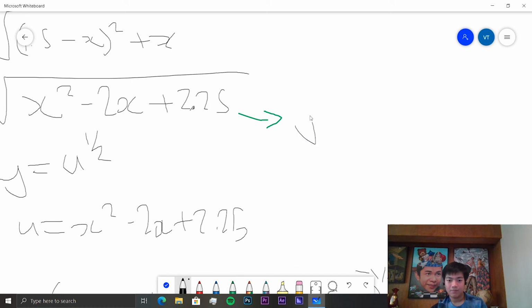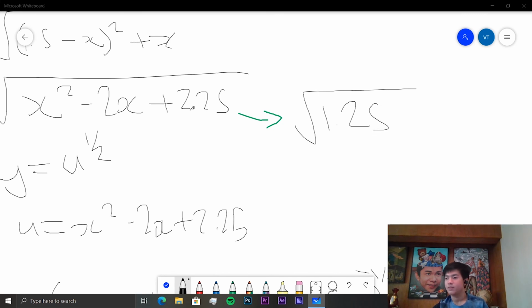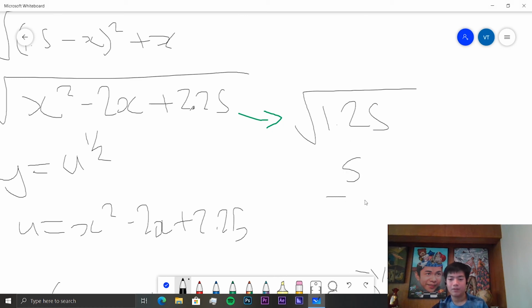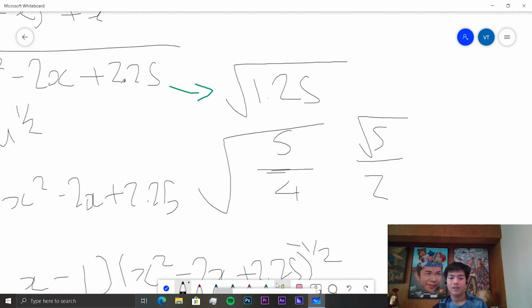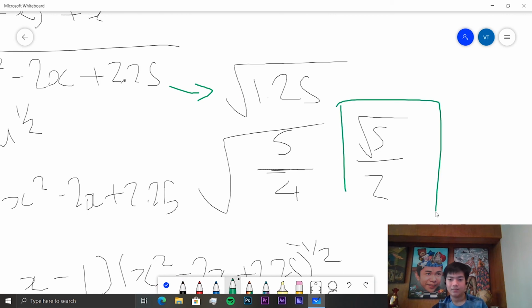Right? So we have 1 minus 2, negative 1 plus 2.25. We have the square root of 1.25. Is that it? I mean, this is the square root of 5 over 4. So this would be the square root of 5 over 2, I guess. Yeah, I guess this sort of makes sense. So yeah, this would be the answer.